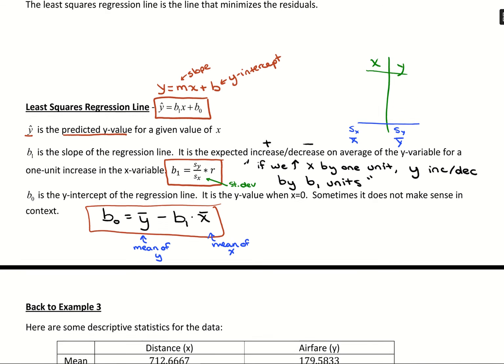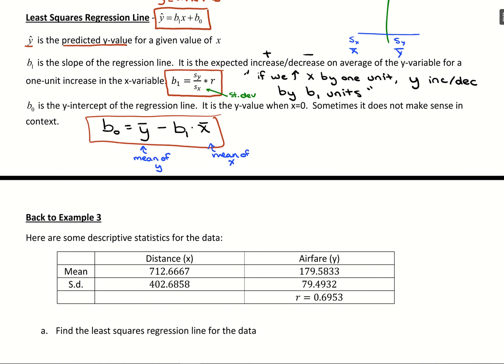What I'm going to do, and we can kind of look at the example we're going to do next, I will give you this table that kind of tells you your x value, your y value, and then you'll get mean, standard deviation, and your value for r. With those pieces, you can use this formula to find slope and intercept. Now, in the interpretation for the y-intercept, this is the case where it's what happens if x is 0.